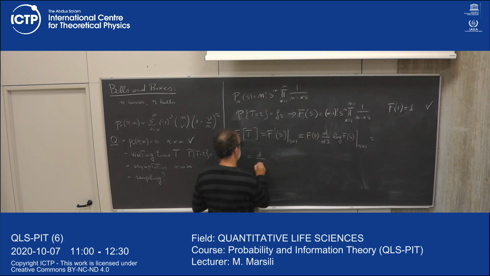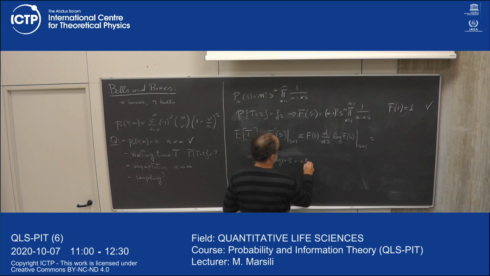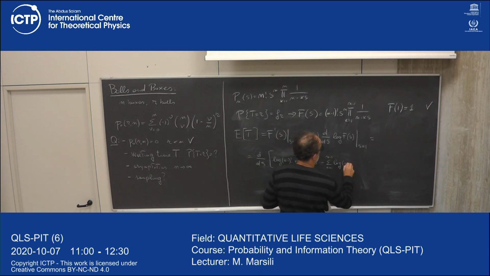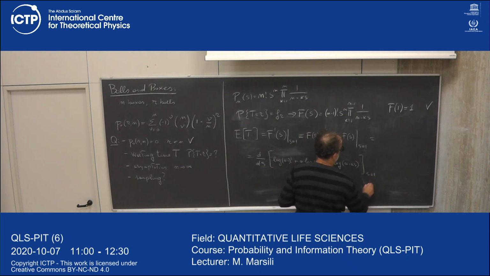So this is the derivative of the log of n minus 1 factorial, which is just a constant, plus n times log s, minus a sum for k from 1 to n minus 1 of the log of n minus k times s. Okay, and do this derivative, and then you take it at s equal to 1.